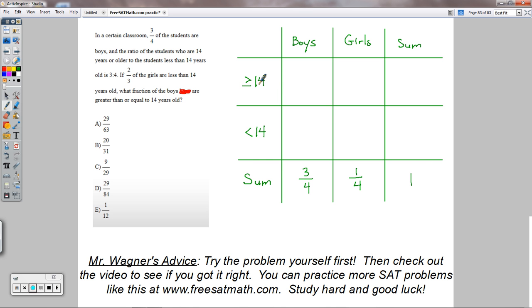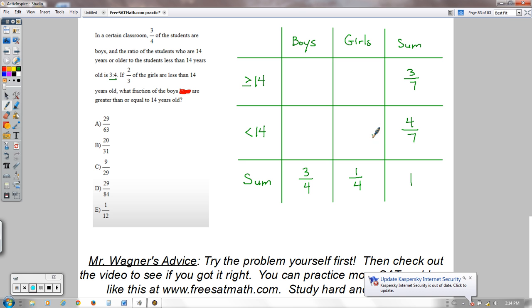And then we also know that the ratio of students who are 14 years or older to the students less than 14 years old is 3:4. So essentially there's 7 parts to this classroom. 3 of those 7 parts would be students who are 14 years or older, so 3/7 going here, and 4/7 being less than 14 years old.